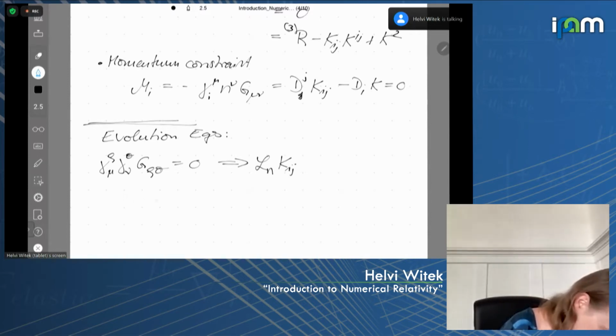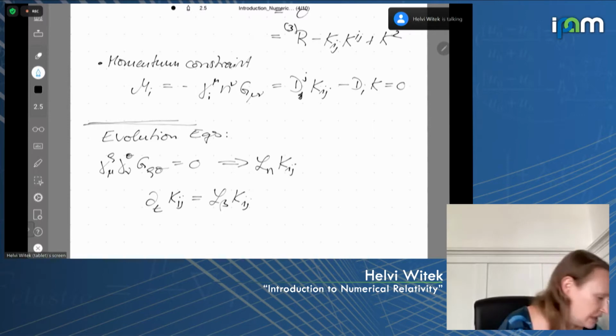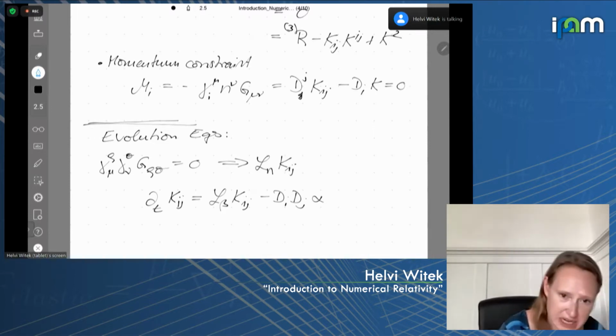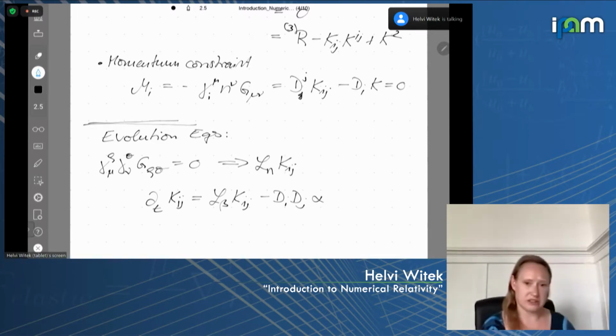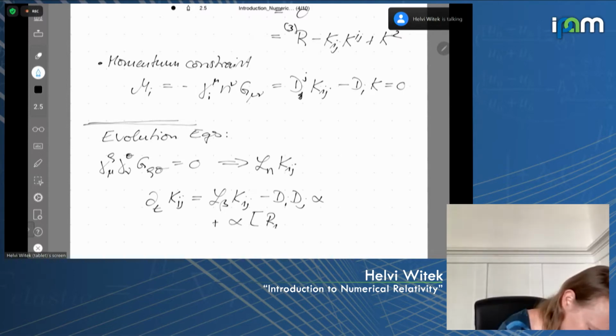So I have an evolution equation. I will write it now in the form: the time derivative of the extrinsic curvature equals, and here we have our Lie derivative along the shift vector of Kij, which contains spatial derivatives of the extrinsic curvature and of the shift. And then we have here minus the second derivative of the lapse function. Remember, I use capital D for the covariant derivative of the 3-dimensional metric, plus lapse times the 3-dimensional Ricci tensor.